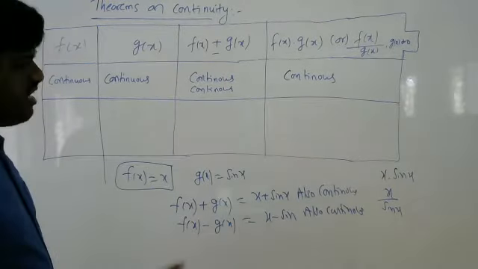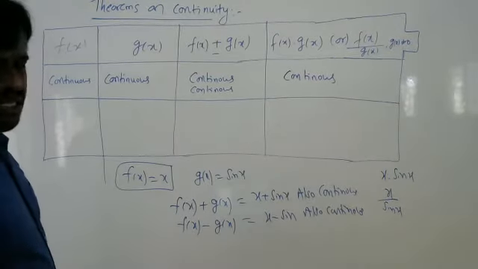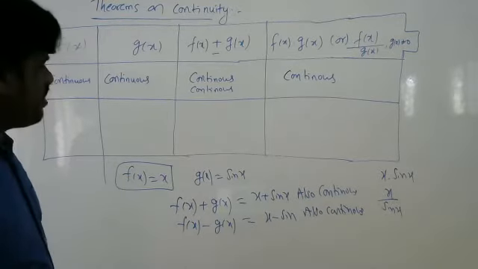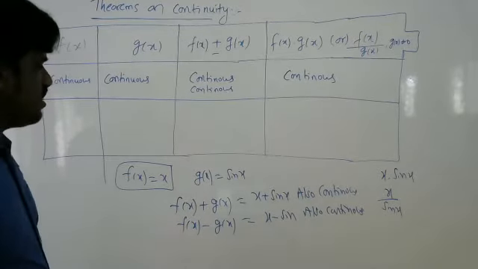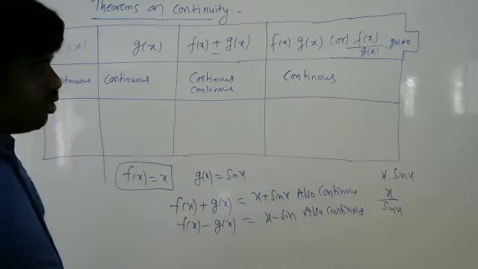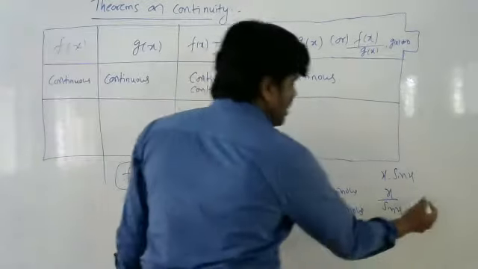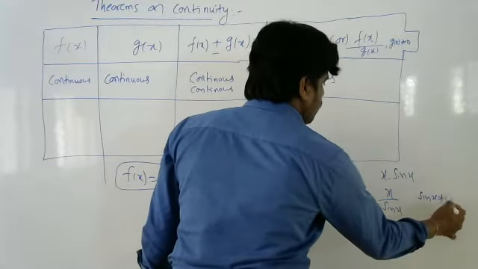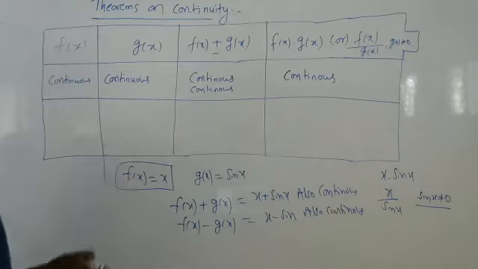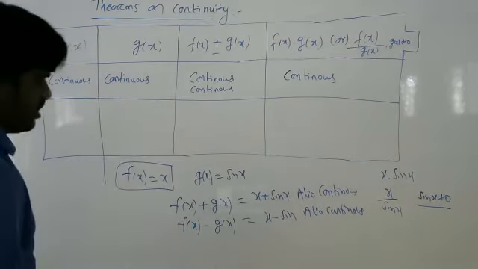If both are continuous, then all of these functions are continuous. That is the meaning of that. For division, where sin x is not equal to 0, the rule should be there. Here it is continuous when sin x is not equal to 0. The condition is applicable for division.